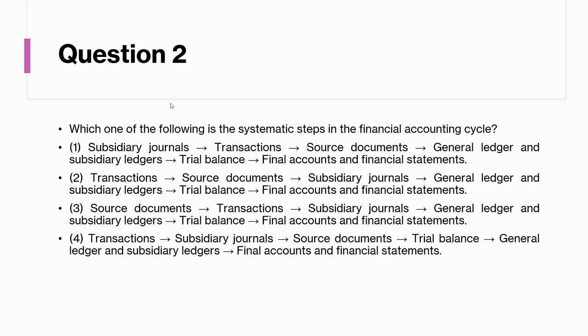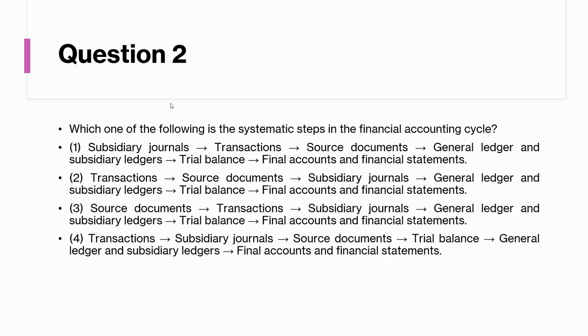Okay, so this one it's a bit cluttered, but let's just try to answer it. Which one of the following is the systematic steps in the financial accounting cycle? They just want to know the flow of transactions in the accounting cycle. In other words, what steps do you follow?